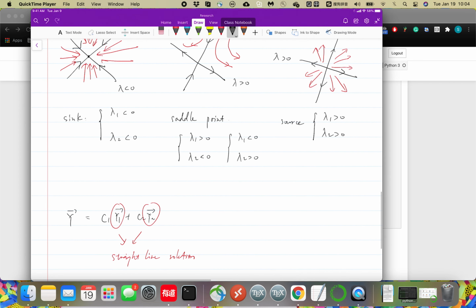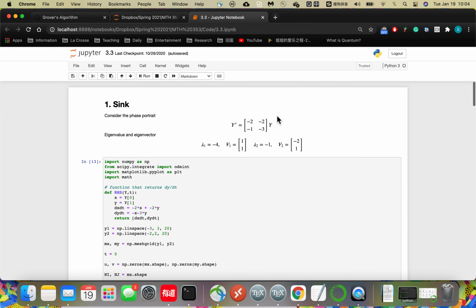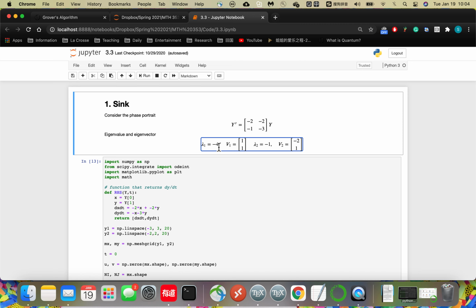Okay. So it's very easy for us to try and see some examples. The first example is what I wrote here. And you can see you have two lambdas. The first lambda is -4. The direction is 1, 1. The second lambda is -1. The direction is -2, 1. So you have two straight line solutions, two distinct real values. On this straight line, it's going to be a sink. On this straight line, it's also going to be a sink because your eigenvalue is less than 0.